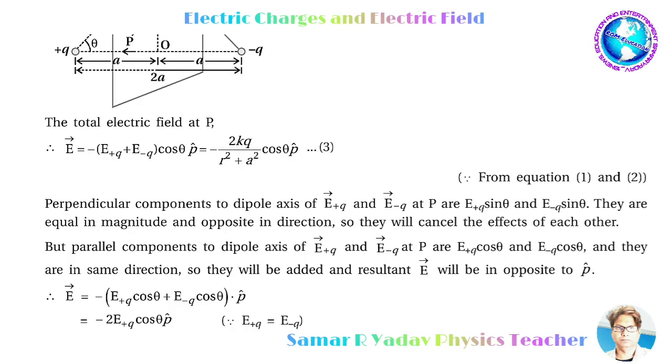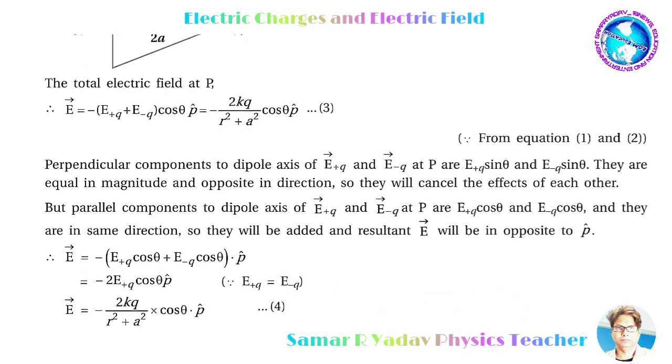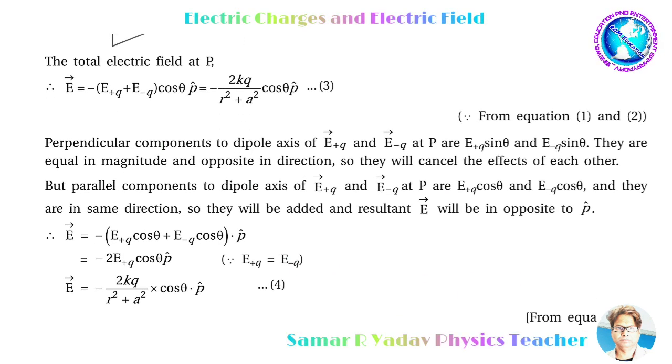As a result, vector E will be opposite to unit vector p. Therefore, vector E is equal to minus, in bracket, E plus q cos theta plus E minus q cos theta, bracket over, into unit vector p, which is equal to minus 2 E plus q cos theta unit vector p.